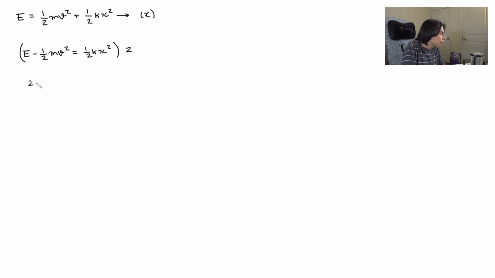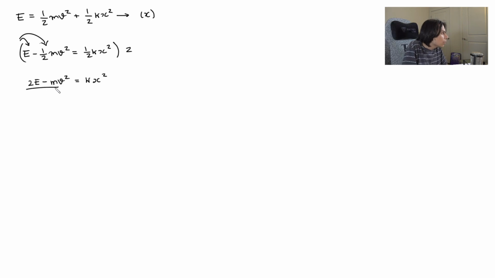We end up with 2E minus m v squared equals, because all we did was distribute the 2 to both terms on the left-hand side of the equation, and now the right-hand side is just k x squared. We want to solve for x, so we have to divide both sides by k.